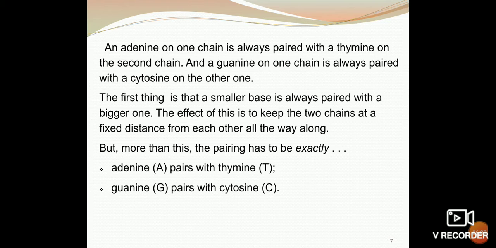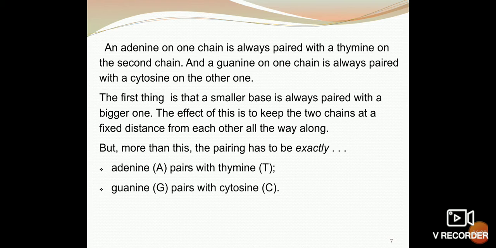So if there is adenine on one chain, this will pair with thymine on the second chain. This pairing of bases leads to a particular DNA, and DNA, as we know, carries the genetic code. So how important is the pairing of bases?